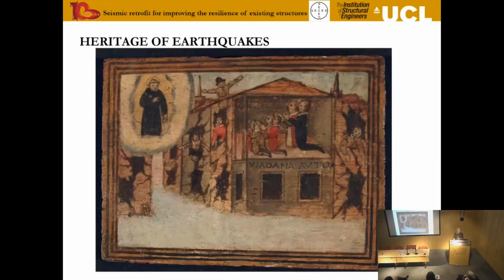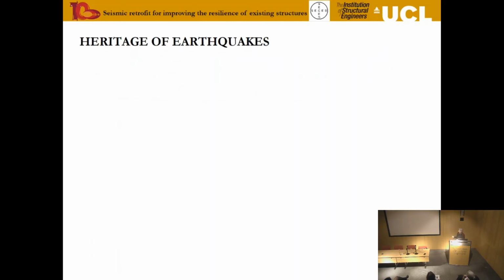In fact, if we go back ages, in the 13th century, we already have depictions in exactly the same places. This is from a church not far from Amatrice that clearly depicts an earthquake. You can see that the damage is in fact very similar, including the X-crack, to what you would see in a masonry building today.